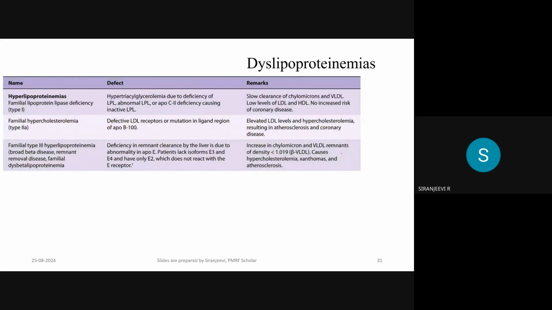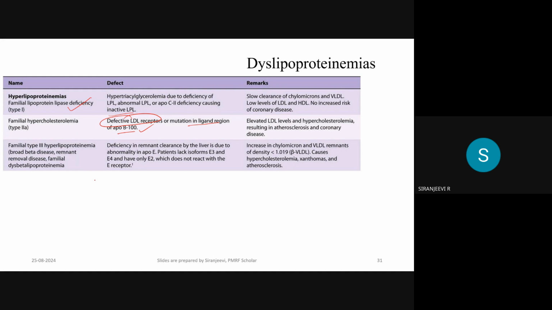The other diseases, hyperlipoproteinemias, are related to familial lipoprotein lipase deficiency, which causes inactive LPL, and type 2A, which leads to defective LDL receptors or a mutation in the ligand region of ApoB100. And third is familial type 3 lipoproteinemia.